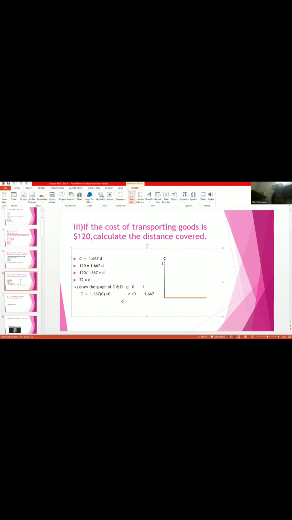Here I have to put the value of D. I just move it here.